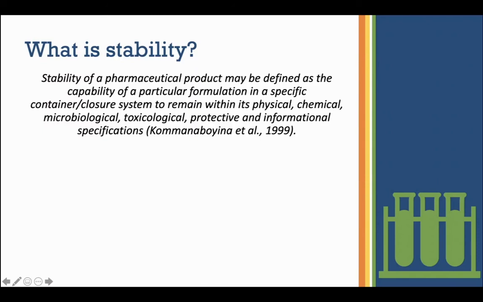So before we determine the shelf life or the expiry of a pharmaceutical product, we have to conduct a stability study to really show that the product is stable throughout the shelf life. And this stability study has to be conducted in the final container closure system. The container, maybe it's a plastic bottle. What type of plastic? PTFE?